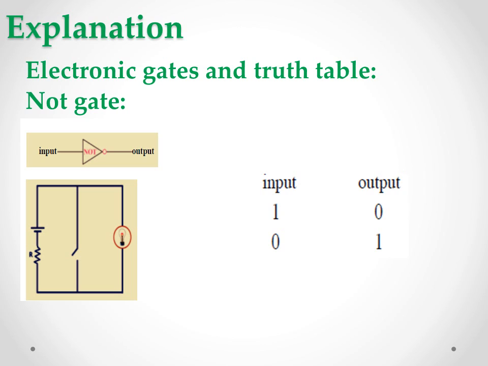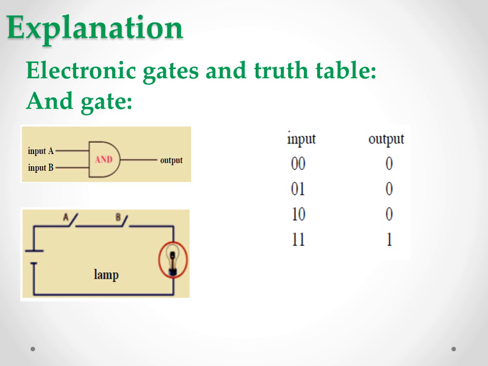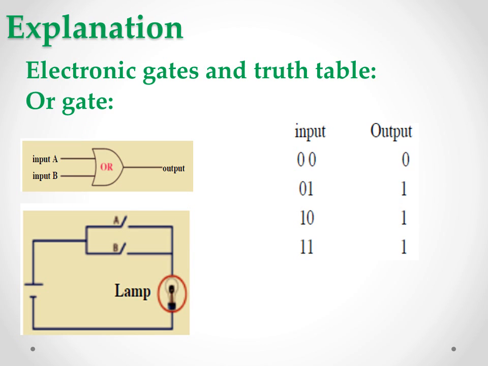Explanation. Electronic gates and truth table, NOT gate. Explanation. Electronic gates and truth table, AND gate. Explanation. Electronic gates and truth table, OR gate.